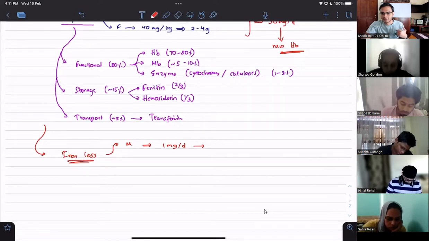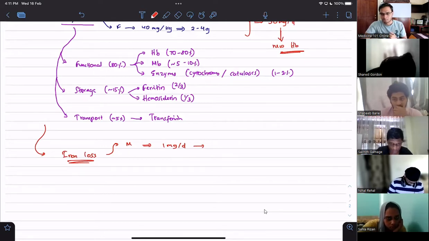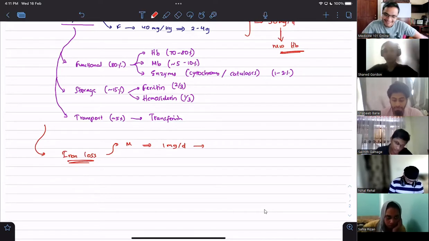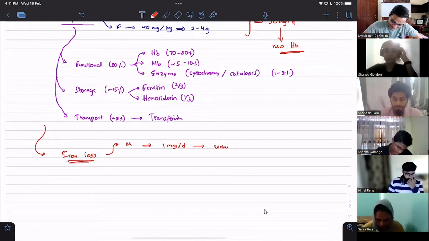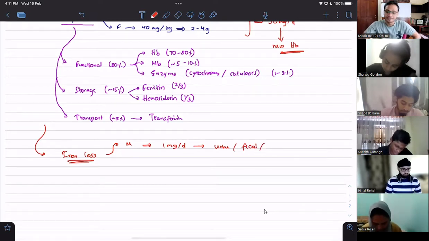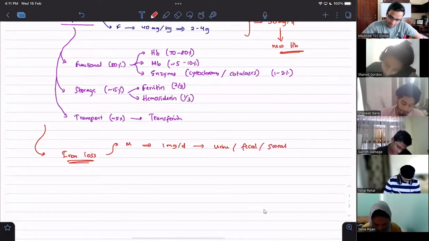Anyone? Shashank, how do you and I lose iron? How do we lose anything? Urine, yeah, excellent. Urine, fecal matter. Don't be afraid to answer. And then some sweat also. We lose some iron.